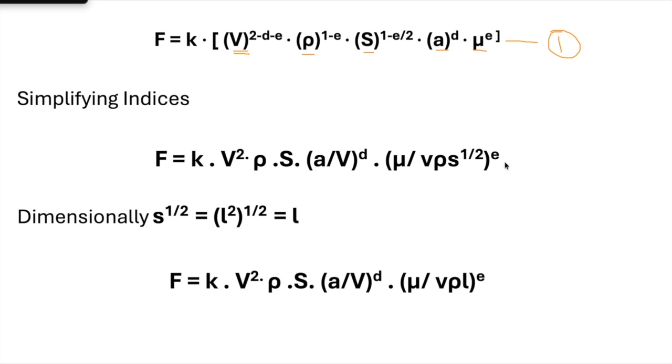So dimensionally, you know that S to the power half can be written as, S can be written as L squared. So when we simplify this, it is equal to L. So now we can write the same equation like this.